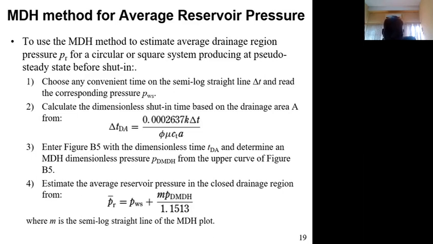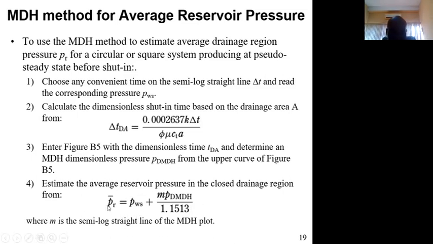And then you will calculate the corresponding dimensionless shut-in time for the shut-in time you selected, and then you would enter with the dimensionless time and read off the dimensionless MDH pressure from the chart, figure B5, which I'll show shortly, and then use this relationship.